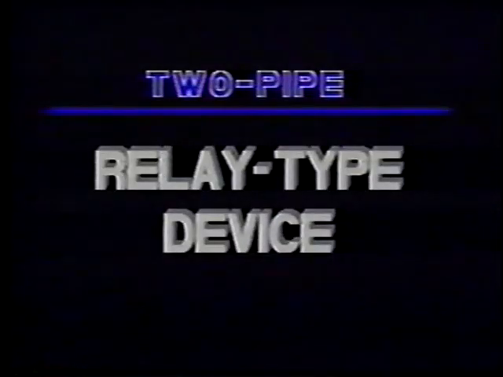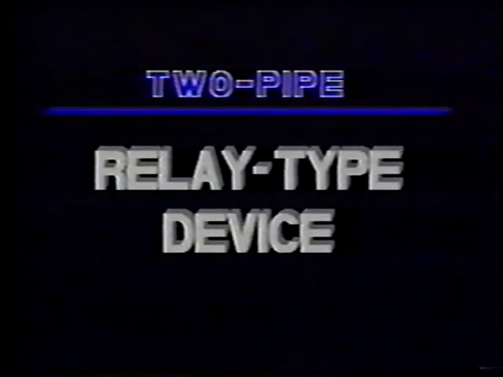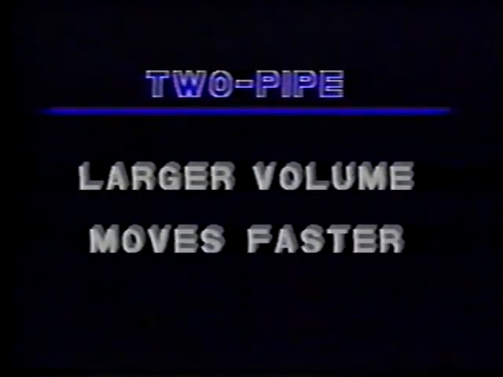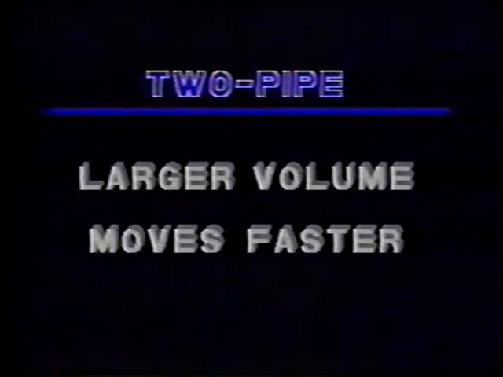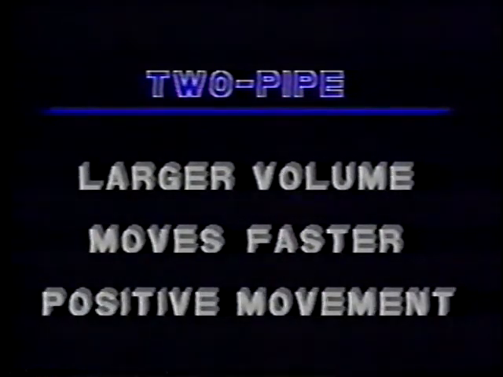This is a relay type device, which is able to provide a larger volume of air to the branch line and is able to move the actuator more quickly and in a more positive manner than the 1-pipe device. Maintaining a constant main air supply pressure when using 2-pipe devices is less critical because the output of the device does not depend on a fixed orifice size to provide its motive force.